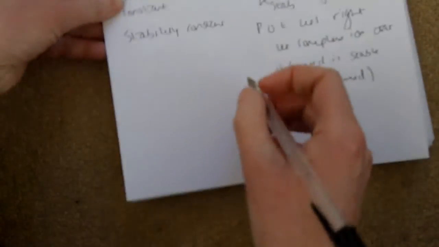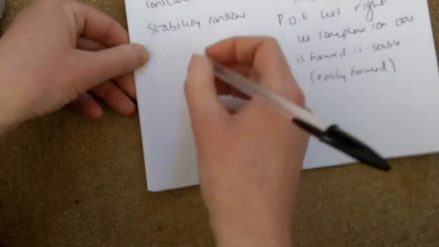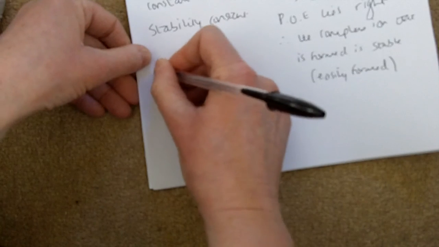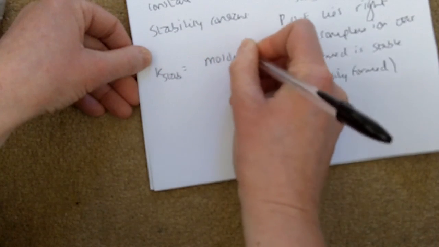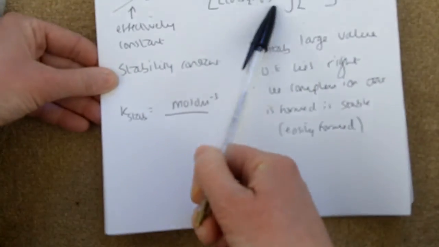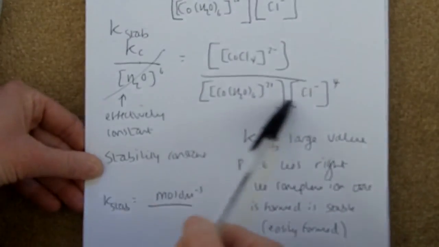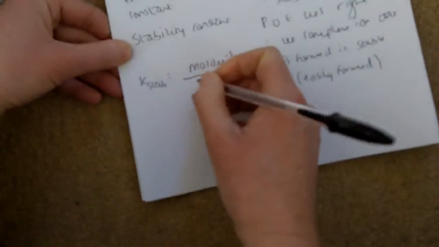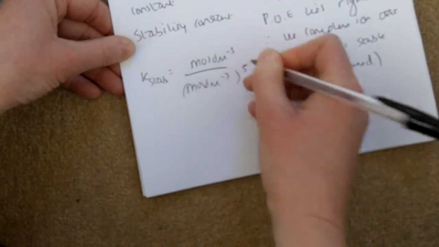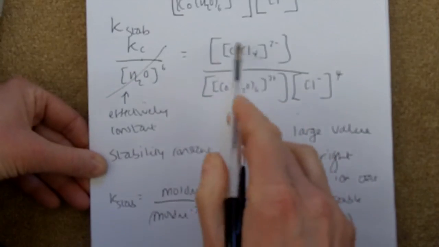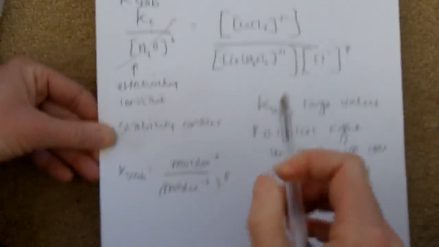Should we just have a quick go? Let's have a quick go because I've got a bit of paper left. K stab in this case, the units would be concentration divided by concentration to the power 5.